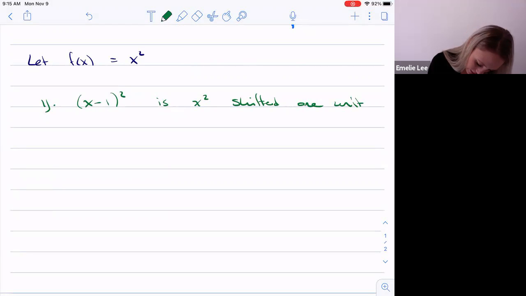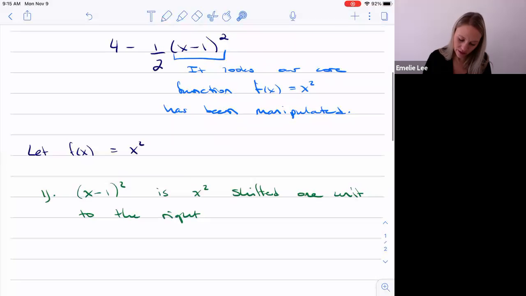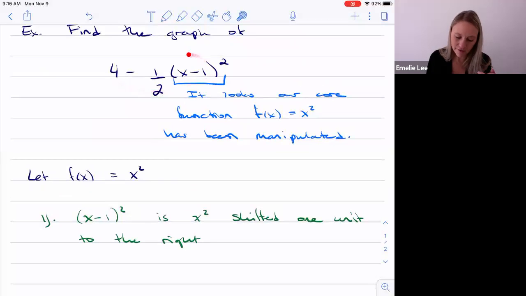Now we could pause and graph x minus 1 squared, but I'm going to keep manipulating this thing until I've built this entire thing.